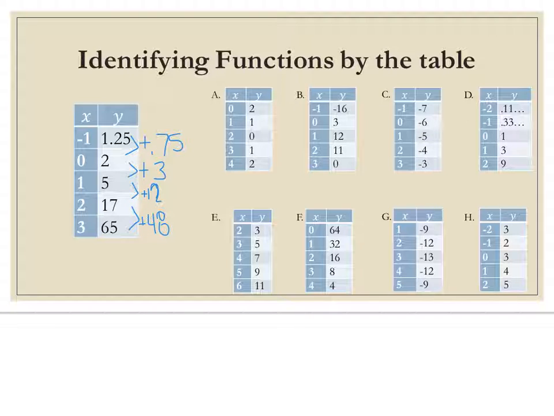So really the only way to tell this is to take your second difference. Well, the difference between 3 and 0.75, I'm adding 2.25. From 3 to 12, I'm adding 9. And from 12 to 48, I'm adding 36. So because my second difference doesn't match, this has to be exponential.